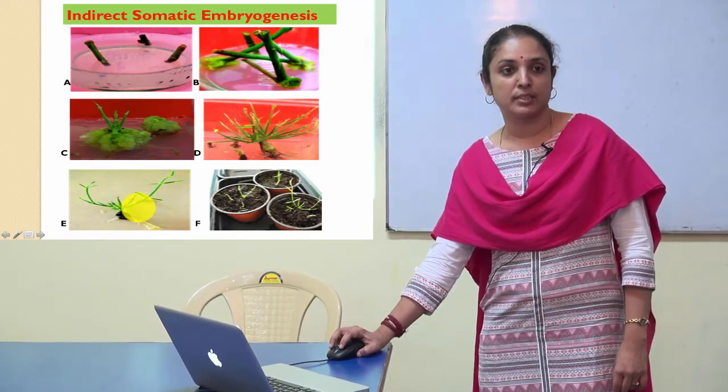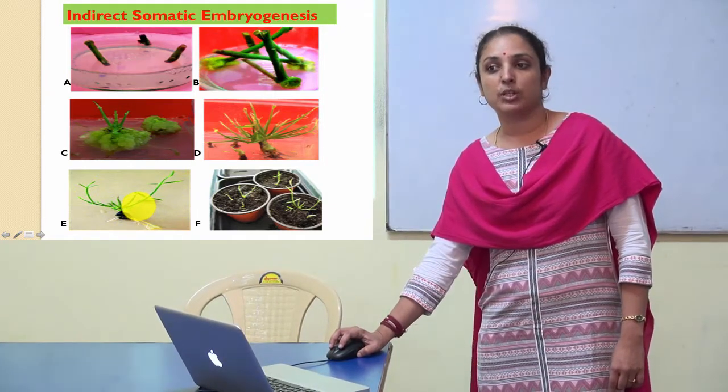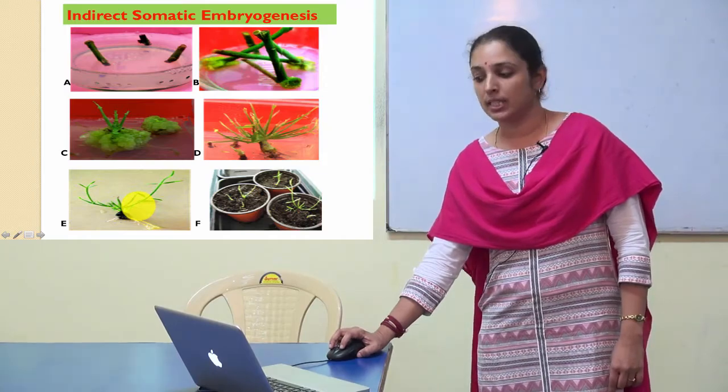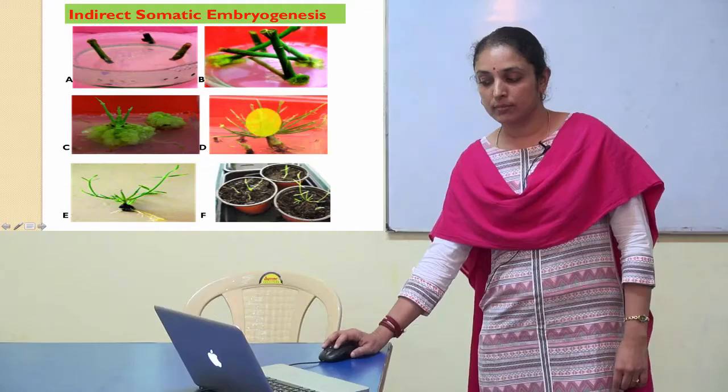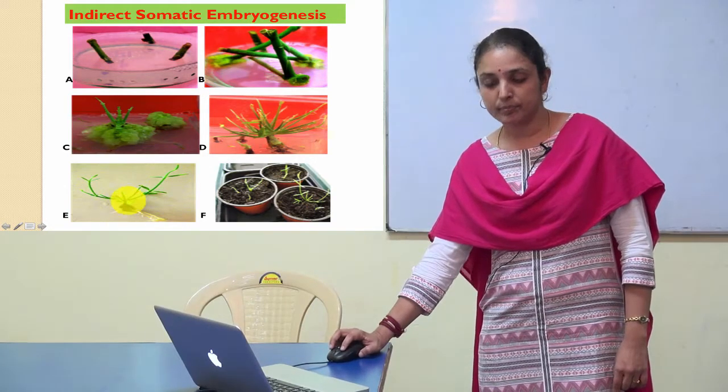What are the stages of micropropagation? All the stages you can see here, right? Starting with selection of the explant, establishment of the culture, multiplication here, and then rooting here.